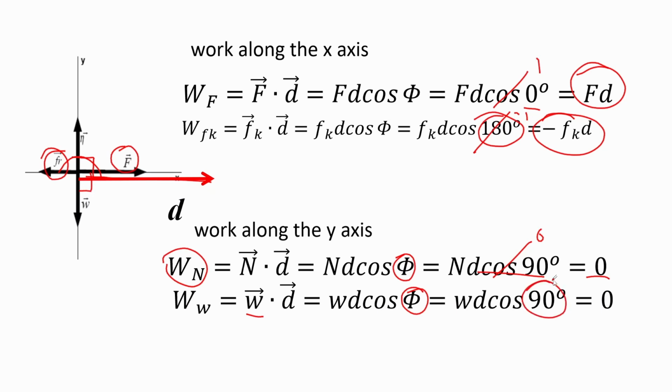Actually, you can also do 270 degrees, and you have cosine 270 degrees, which still results to 0, because it depends on the angle between them.